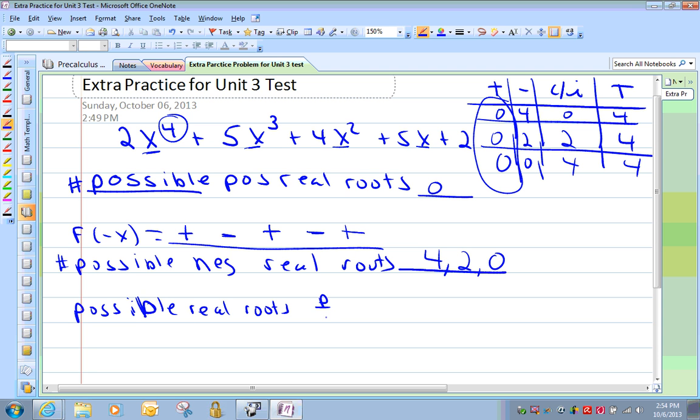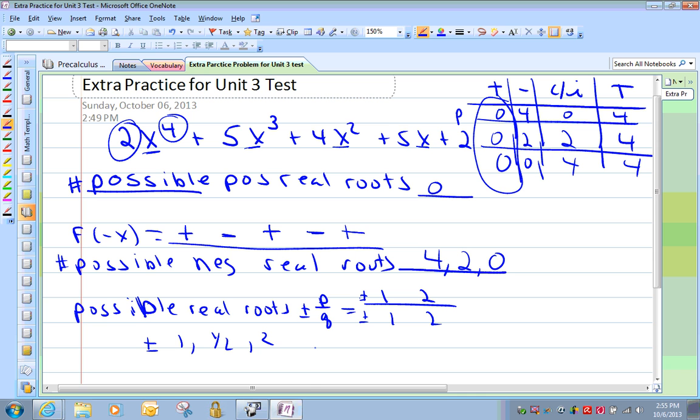That's your P's and Q's, positive and negative values of the factors of P over the factors of Q. Our P is 2, so that would be factors of 2, which would be 1 and 2, positive and negative, over the factors of Q, and in this case that's 2, positive or negative 1 and 2. So it would be positive and negative values of 1 over 1, 1 over 2, 2 over 1, and 2 over 2, which is also 1. So those are our possibles.